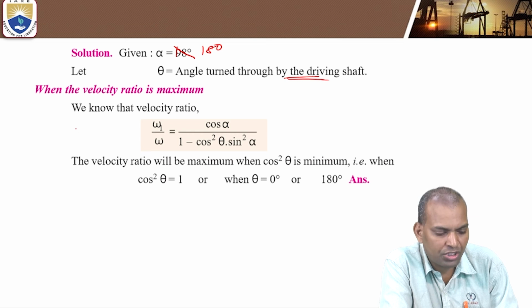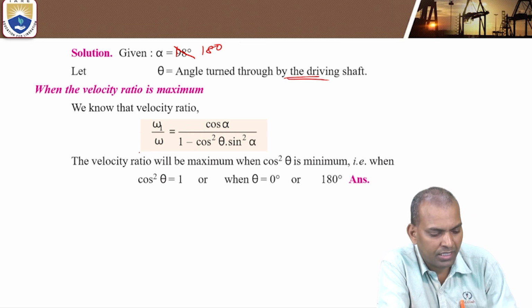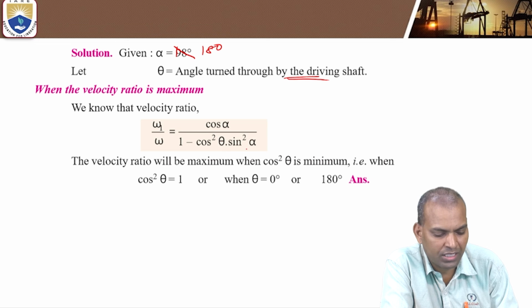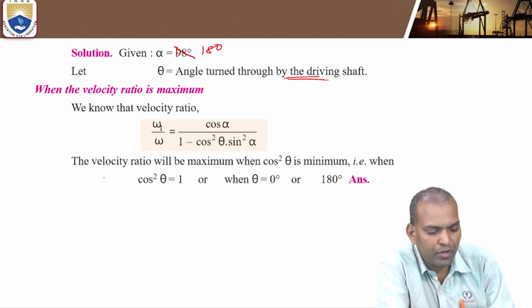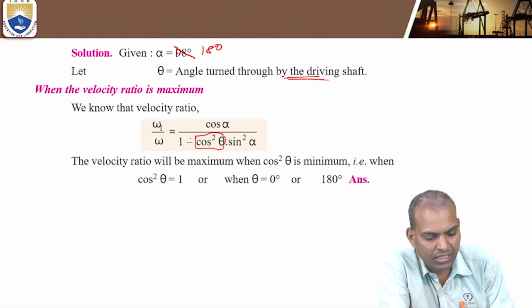We know that the velocity ratio is cos alpha by 1 minus cos square theta sin square alpha. The velocity ratio will be maximum when the term cos square theta is minimum. If it is minimum, the value becomes maximum.